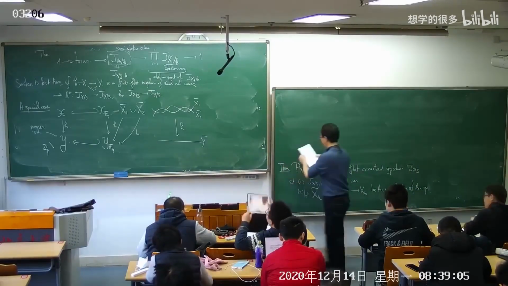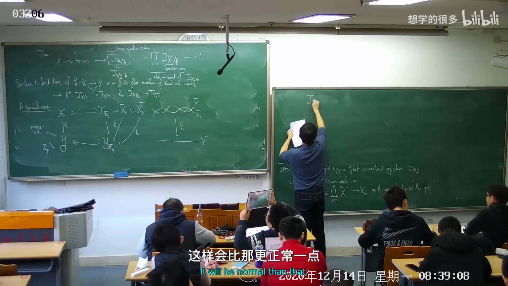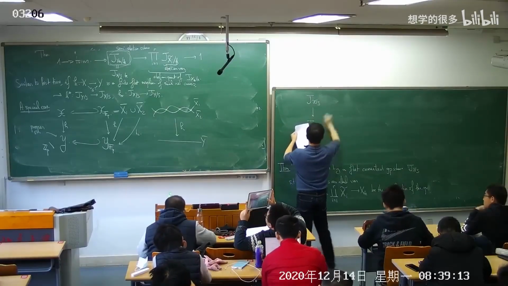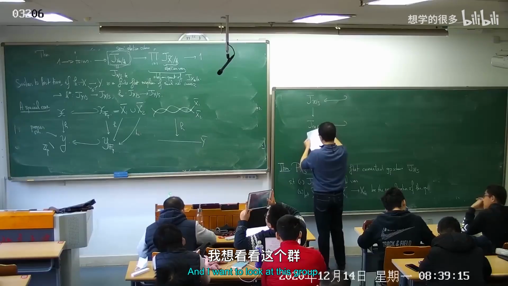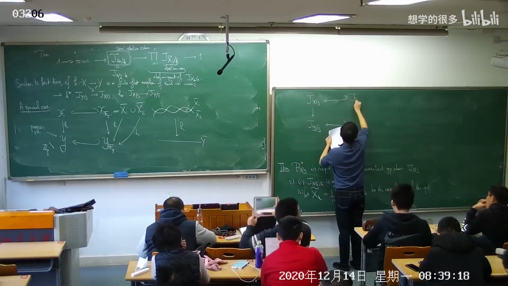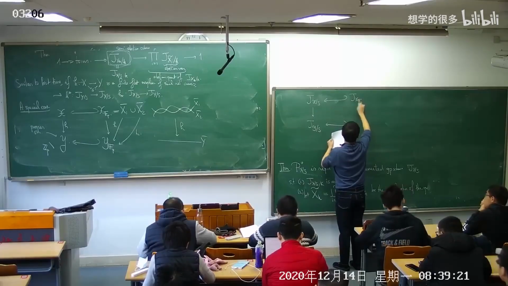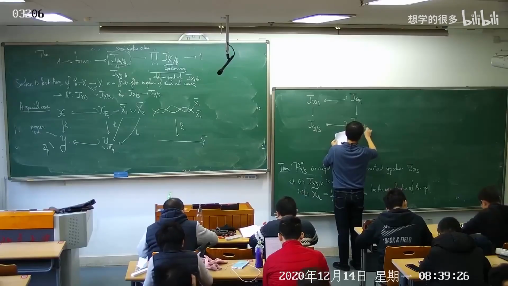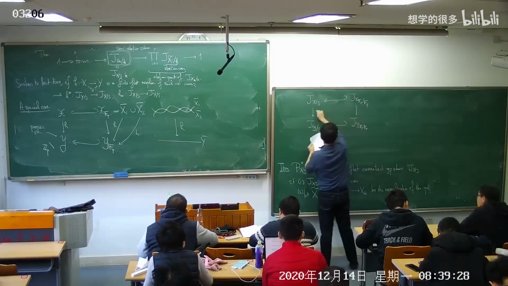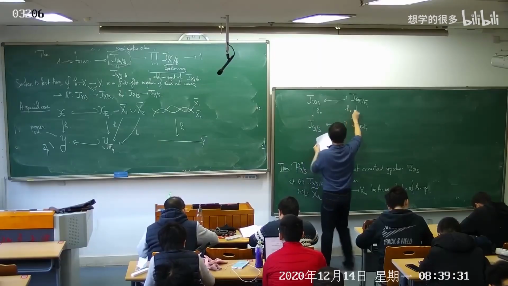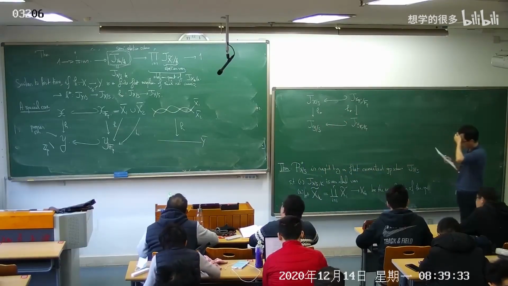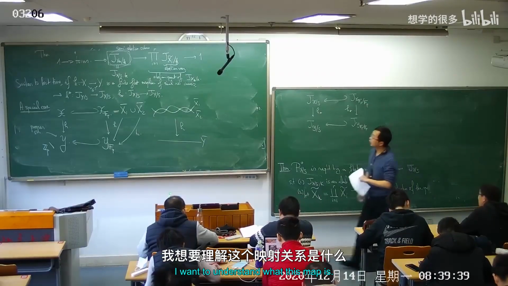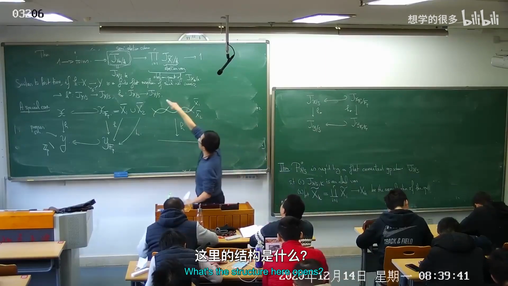So what it looks like is the following. I have a natural map from the Jacobian of X down to the Jacobian of Y, and I want to look at the structure theory of this Jacobian.